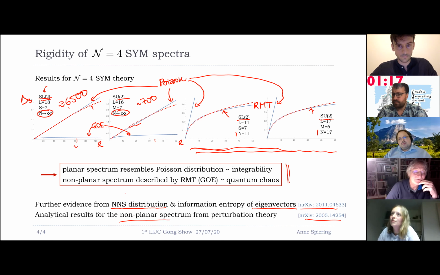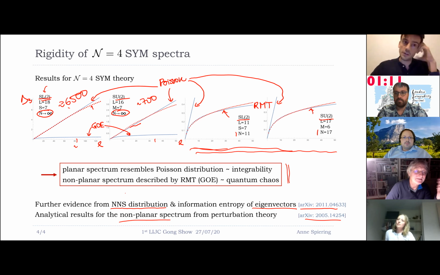Of course, you have to use the small coupling, because you already have a coupling there. But if you go to small couplings, does it improve? In comparison to Poisson, does it become closer to the Poisson distribution?